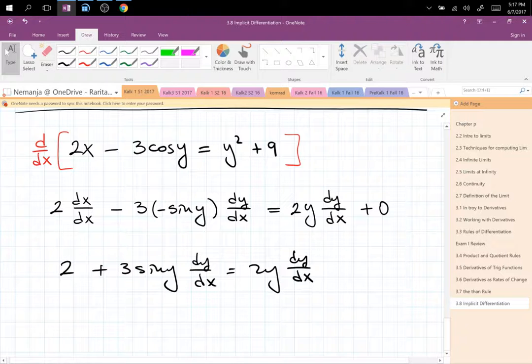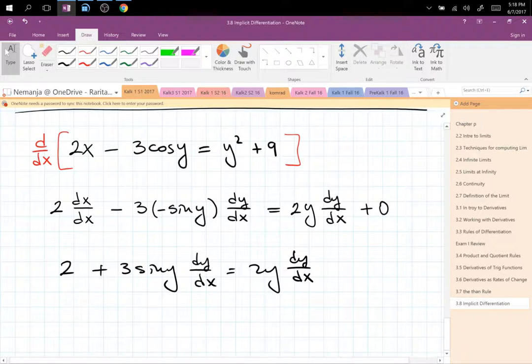Now what? How do I fish out the derivative equals everything else? What should I do? Very good. You will combine all terms that have dy dx on the same side and push all of those without dy dx on the other so that you can isolate by factoring dy dx.